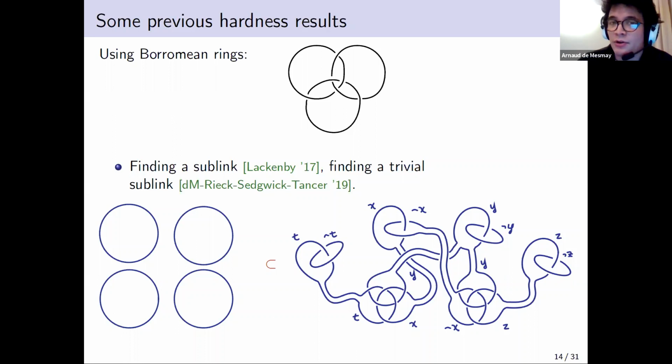A SAT instance has a clause, and when one of the variables is true, the clause is satisfied. So you can use these Borromean rings to encode some satisfiability instances. We did that in a previous work to show, for example, that if I give you a complicated link and I want to find a sublink in there that is trivial, for example, whether there's a 4-component trivial sublink, that's NP-hard. And basically the idea is what I just said, that Borromean rings encode SAT instances.